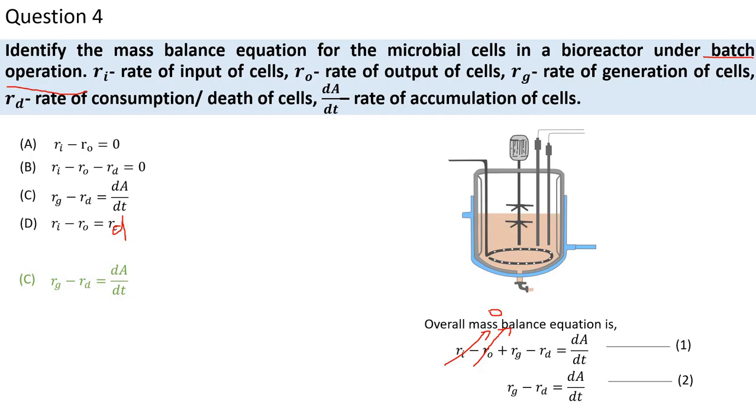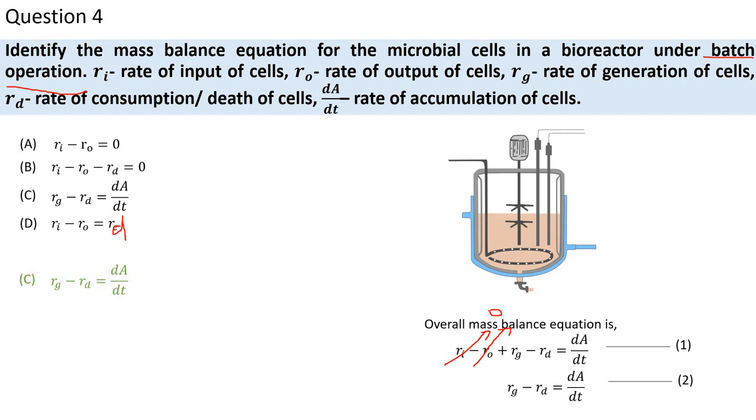It's very normal, right? In a batch operation, you are not feeding any cells inside, you are not taking away any cells. So whatever is replicating inside minus whatever is dead, that will only lead to the accumulation of cells, right? Nothing else is going to come in from somewhere else. Rate of generation is the overall cells that are being generated, minus whatever was already dead.